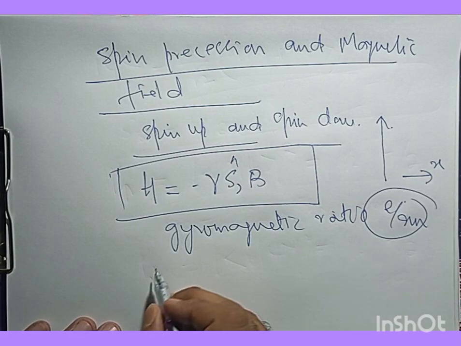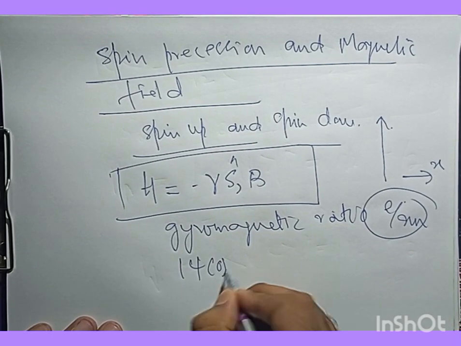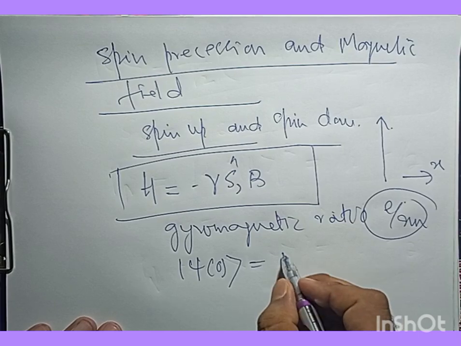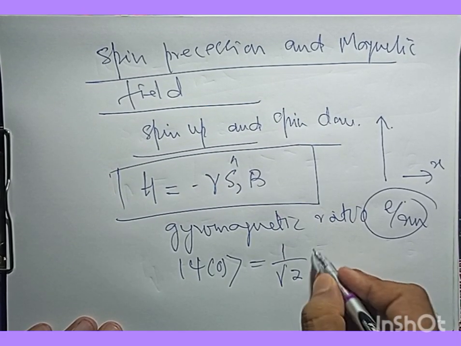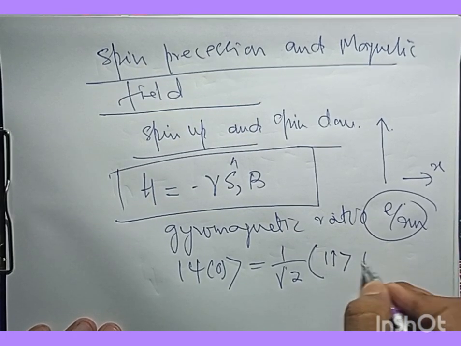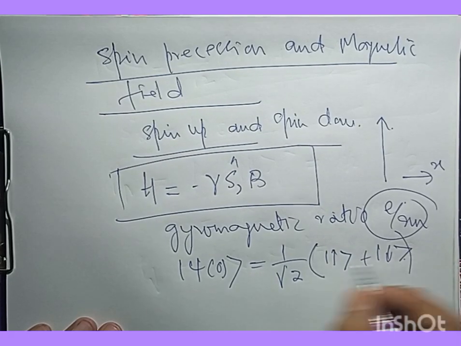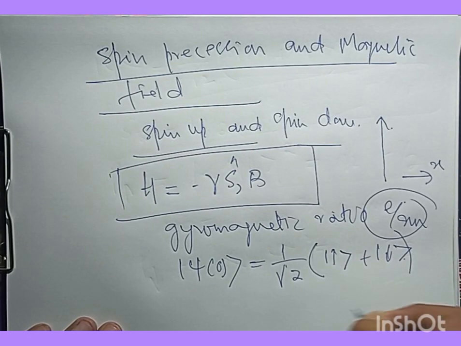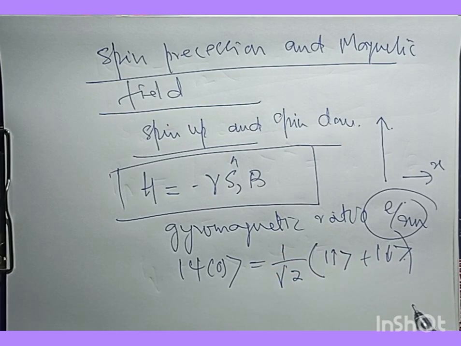So if we choose some state psi of 0, this initial state is going to be 1 by under root 2 of ket spin up plus ket spin down, the superposed state. Now the time evolution of this spin state will be governed by what?